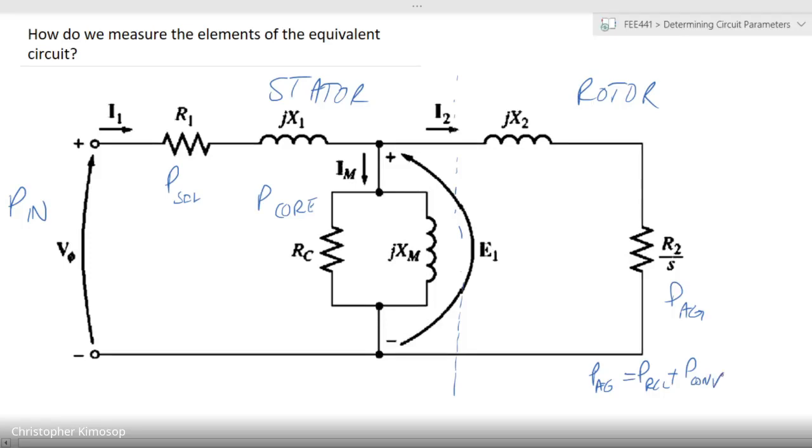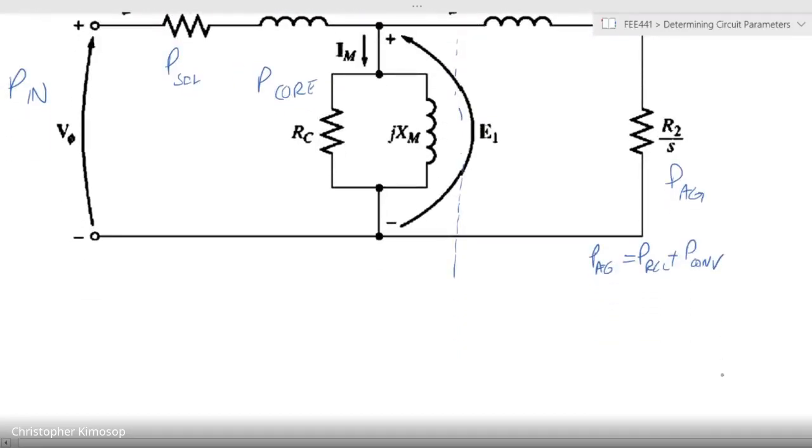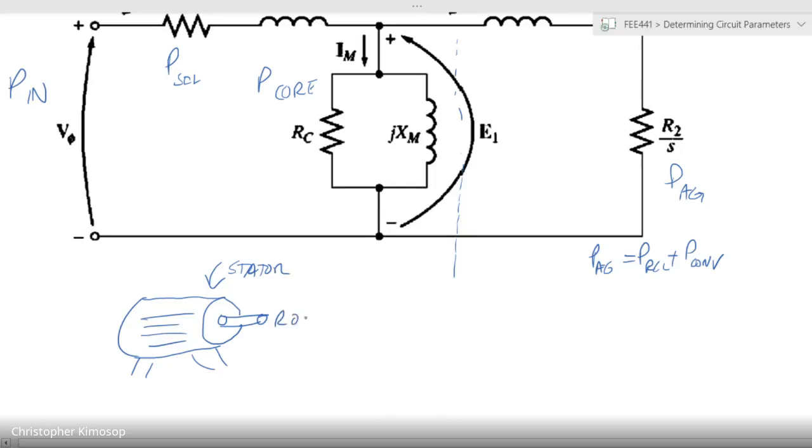So now we want to look at how we determine the properties of a motor, or rather how we get the equivalent circuit given a physical motor. So your three-phase induction motor would look something like that, whereby you would have your motor as a standalone, and you have your stator and the rotor.